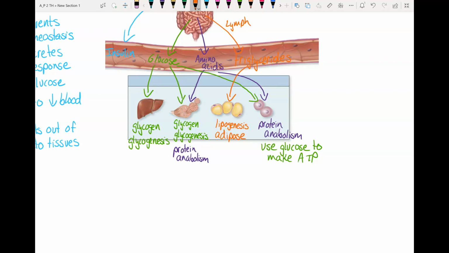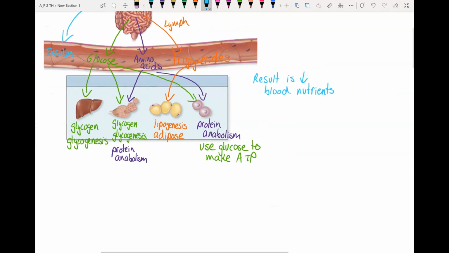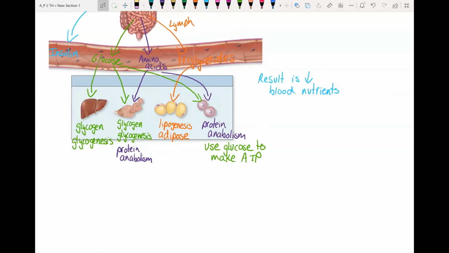So now that the nutrients have moved out of the blood, the result is reduced blood nutrients. And you have an increase in storage, so you have your glucose and your lipids are stored.